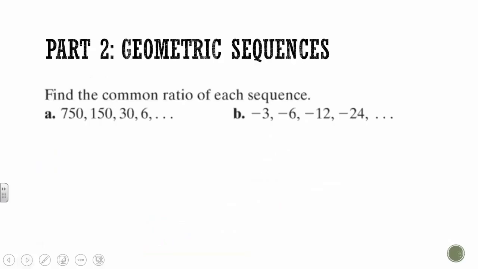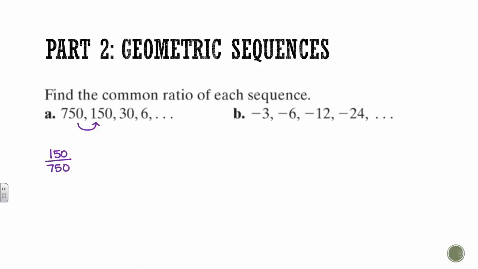The new stuff is almost exactly the same, except you're going to notice a common ratio. So instead of saying, what do I add or subtract, what do I multiply by? If you get stuck, like this one's kind of tough to figure out what I would multiply by, remember you can always go backwards and you can always divide. Divide, not subtract.